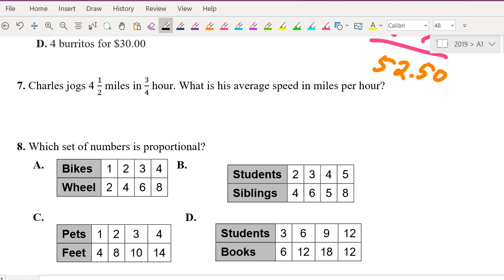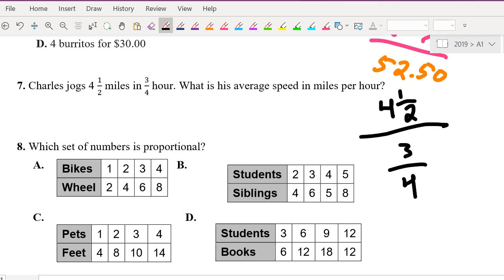We love complex fractions. 4.5 over 3/4. And so that just means you divide by 3/4. Not a big deal. So it's 9 halves right here, right? So we got 9 halves divided by 3/4.